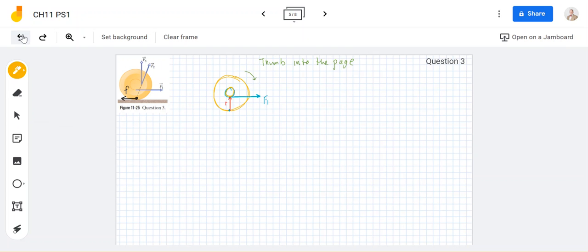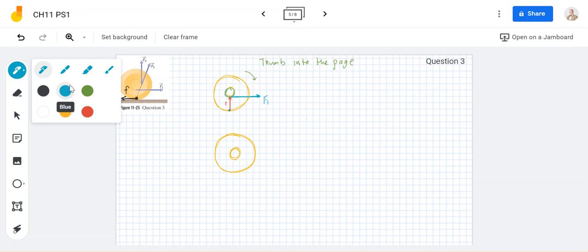So this time we have F2 here. Actually, this is F3. And then where's our R vector this time?